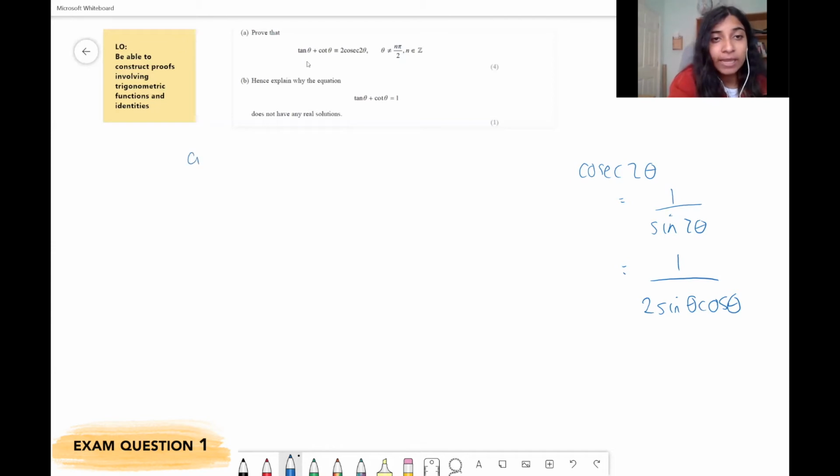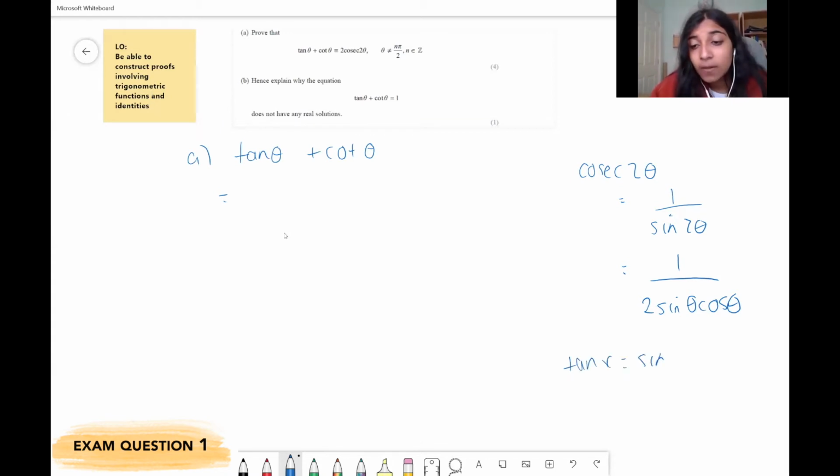So for part I, we have tan theta plus cot theta. Is there any way that we can write this in terms of sine and cos? Because we know that we want to have sine and cos in our final answer. If you remember that tan x is just equal to sine x over cos x, then we can rewrite tan theta as sine theta over cos theta.